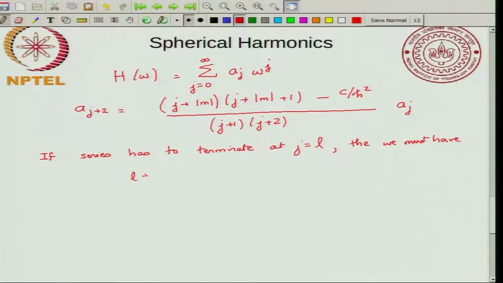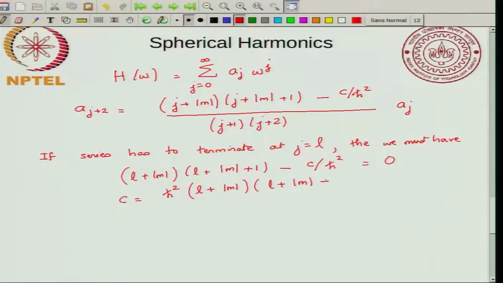So you should have L plus mod m, times L plus mod m plus 1, minus c by h bar square equal to 0. Or you will get the relation c is equal to h bar square times L plus mod m, times L plus mod m plus 1.